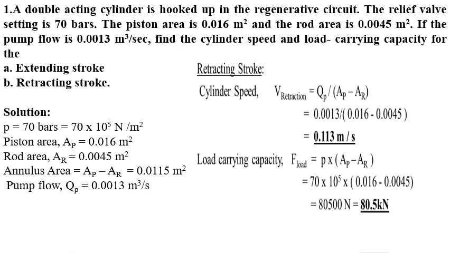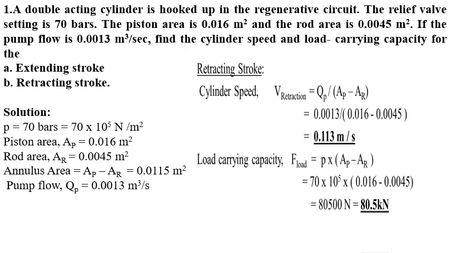Simplify this, we will get 80,500 Newton or 80.5 kilo Newton. So the cylinder speed and load carrying capacity during retracting stroke is 0.113 meter per second and 80.5 kilonewton respectively. These are the solutions for this numerical.